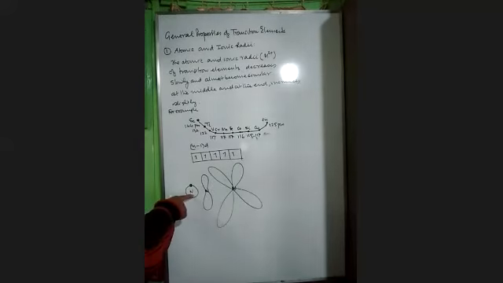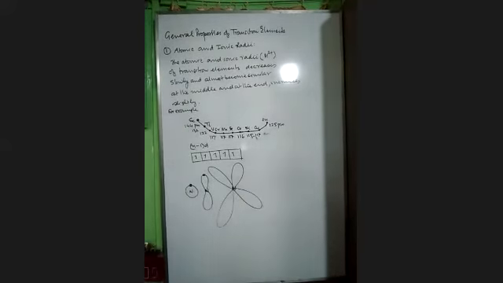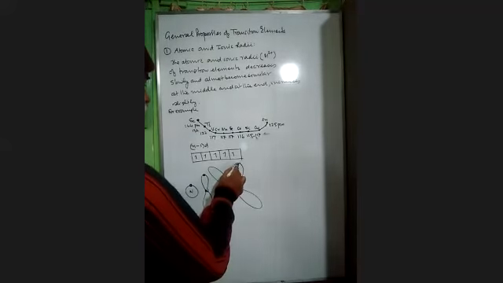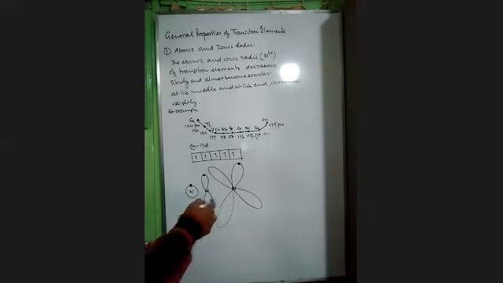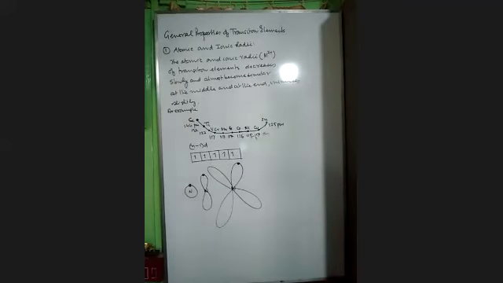So this positive charge of the proton is immediately neutralized by the negative charge of the electron. In this case, the electron is a little far, so the positive charge of the nucleus, because of the addition of the proton, is also neutralized by the electron here, but it is a little far. But in the case of the d orbital, the electron is very far. Theoretically, +1 and -1 is equal to 0, but practically it is not happening. Why? The electron is so far that it cannot immediately neutralize the entire positive charge in the nucleus.